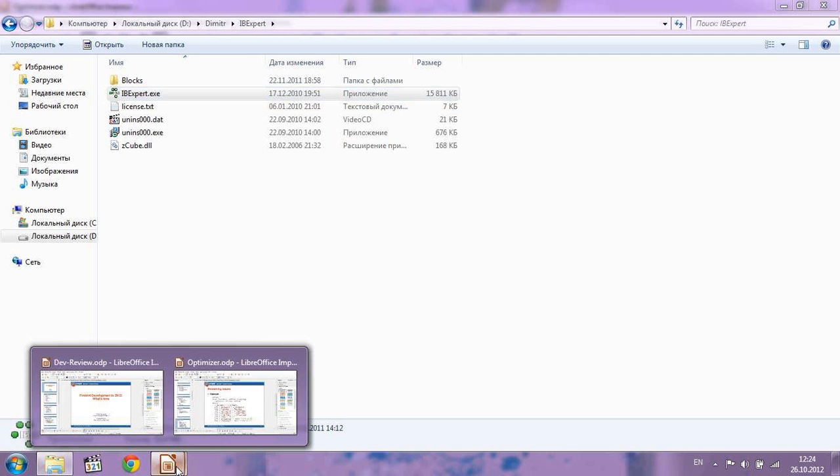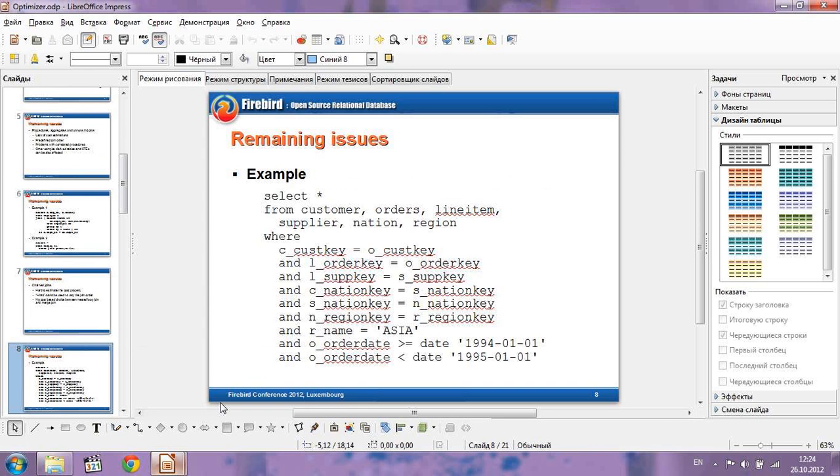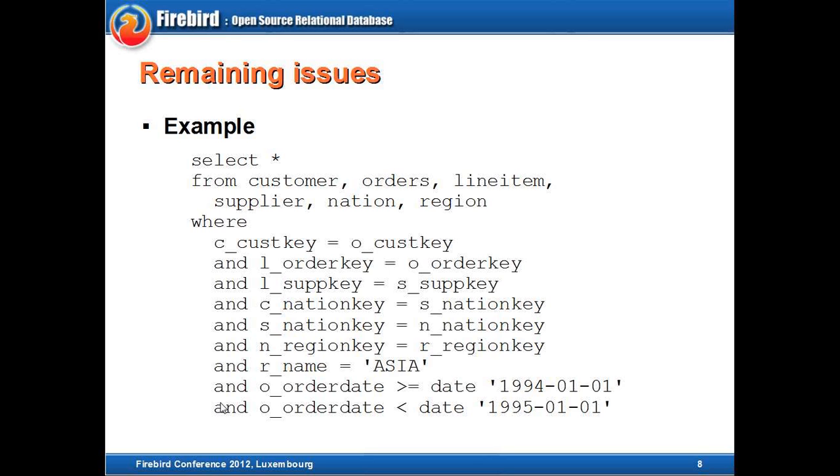What are the other options? That plan was good enough, and actually a lot of you would not even try to find anything better. But there is another option. We could join everything to the orders table, limit the orders table with the predicate.